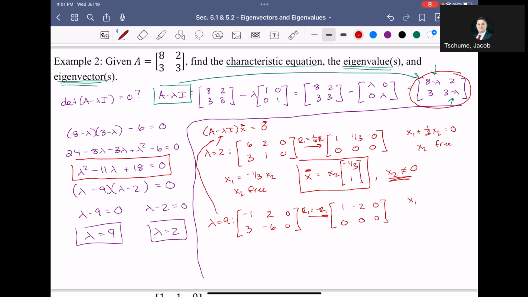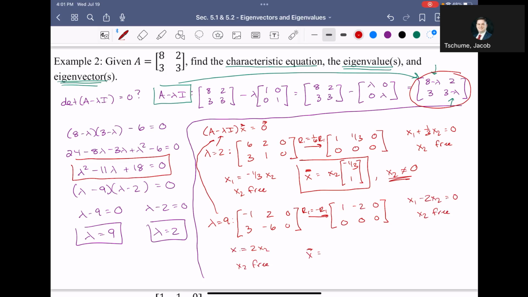This tells me that x1 minus 2x2 needs to be 0, with x2 being a free variable. And if I solve for the basic variable, x1 needs to equal 2x2 with x2 being free.